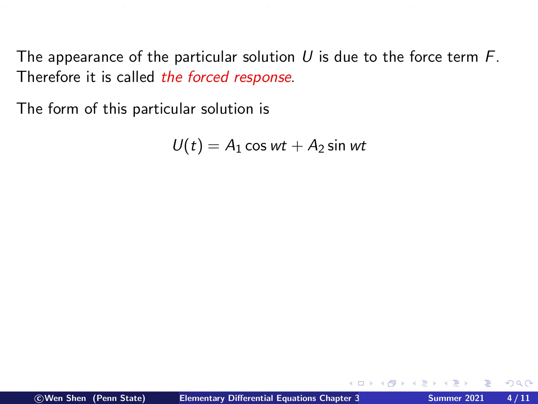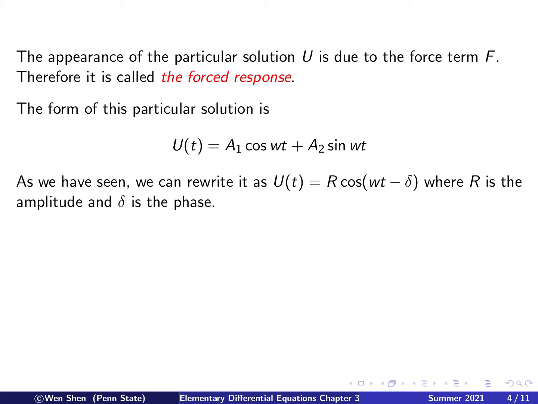Okay, so we know the form of this particular solution: because F is a cosine function, the particular solution will have a similar form, which is a linear combination of sine and cosine functions. So capital U of t would be cosine omega t times A1 plus sine omega t times A2, for some constants A1 and A2.